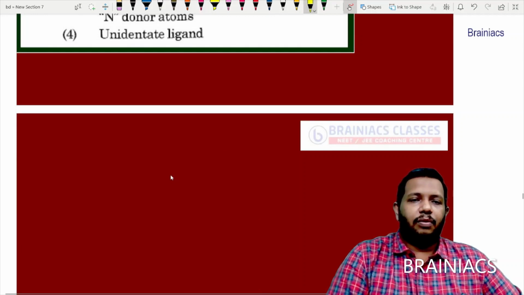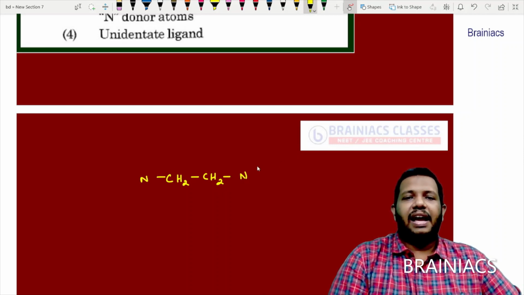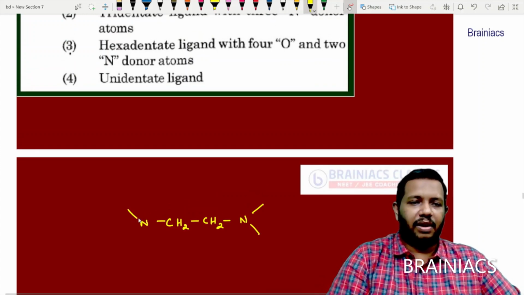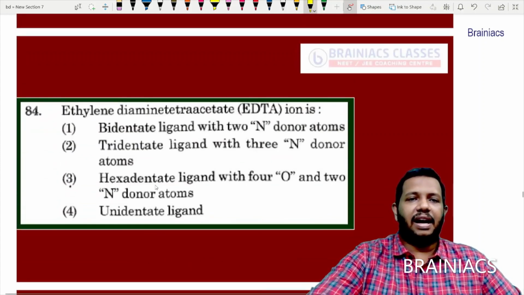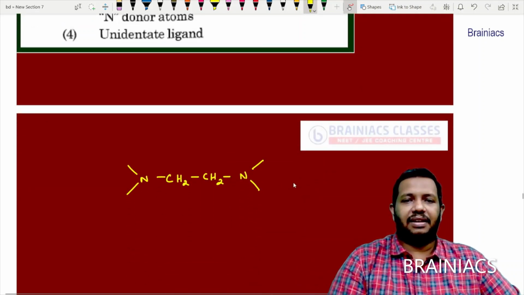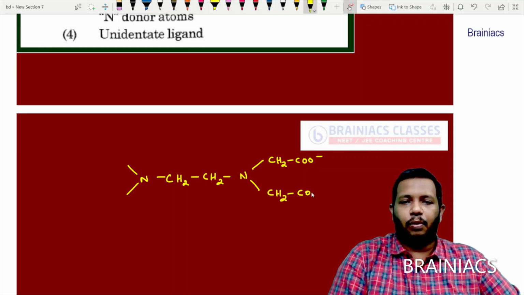Okay. So we know that there are two CH2 units, and there are two donor sites of nitrogen atom, and this is connected to ethylene diamine. So we have drawn ethylene and we have diamine also, we drawn tetraacetate. So we know that this is a CH2COO minus, this is CH2 tetraacetate, 4 are there.